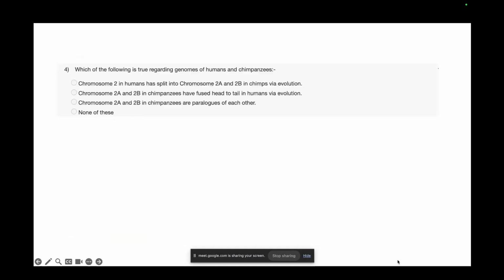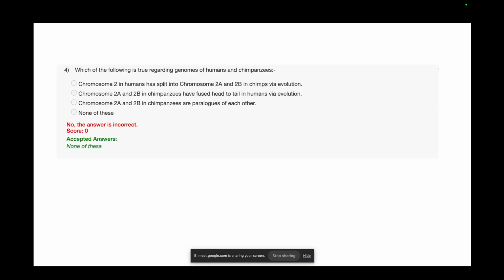Here the answer is actually none of these. The second option is kind of true, but it's not fully true because it has not fused from head to tail. The chromosome 2A and 2B have fused, but not from head to tail. There are breakpoints in both the chromosomes that have fused.